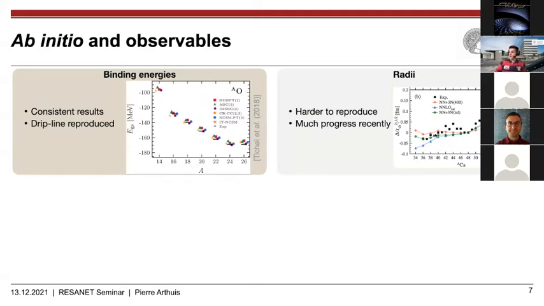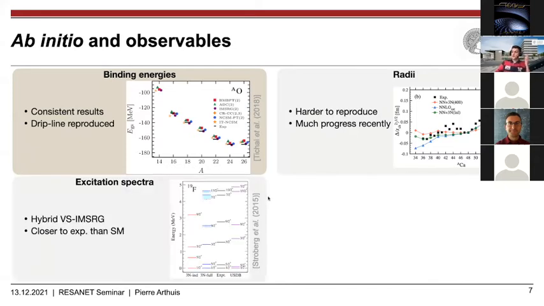And the local non-local does even a pretty solid job here at the level of the lightest calcium isotopes. So basically, radii tend to be a bit hard to reproduce, but as you can see, with improvements that have been made in Hamiltonians, we are doing a way better job nowadays.